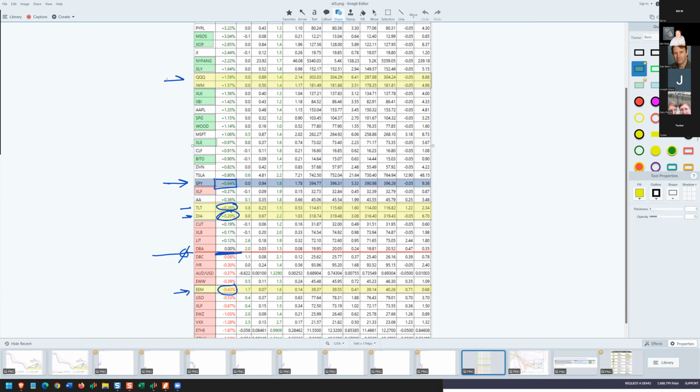The two speculative US indexes, the Qs, were up 1.6 and the Russell up 1.57. So this is a US growth posture right now. So that's good to go.